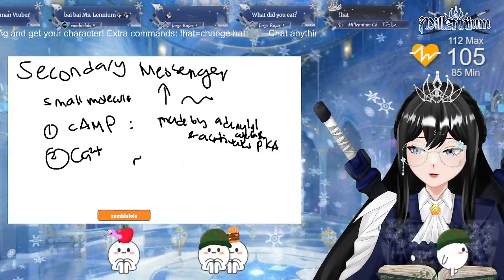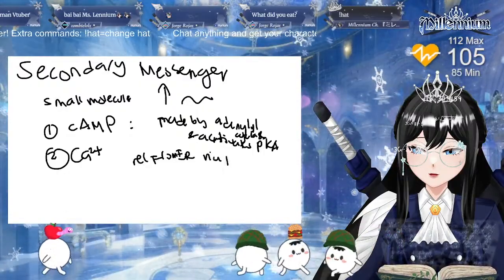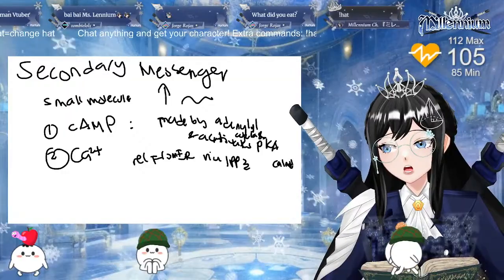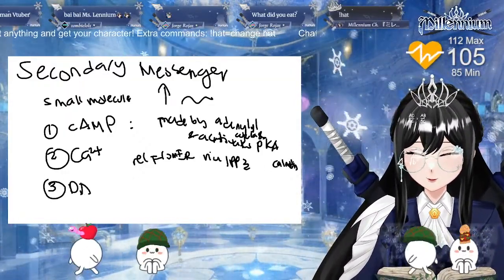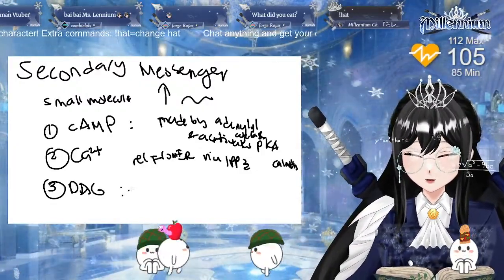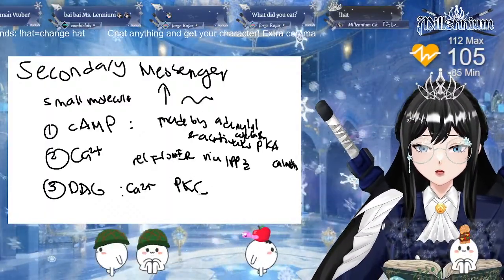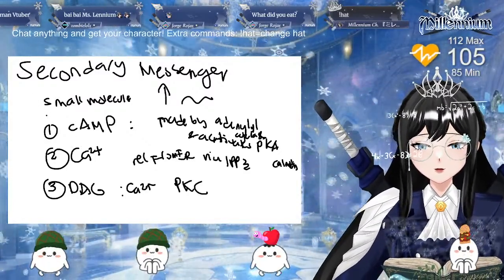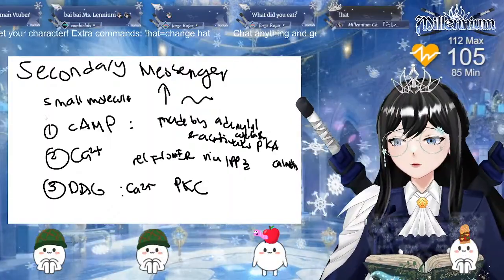Calcium would be released from the ER via IP3, and activates the calmodulin and all of that. For number 3, you have the DAG, diacylglycerol, which will work with calcium and the PKC. So that's an important thing. Again, the 3 small molecules will be cAMP, calcium, and DAG.